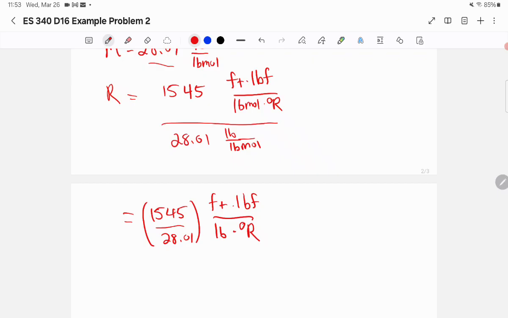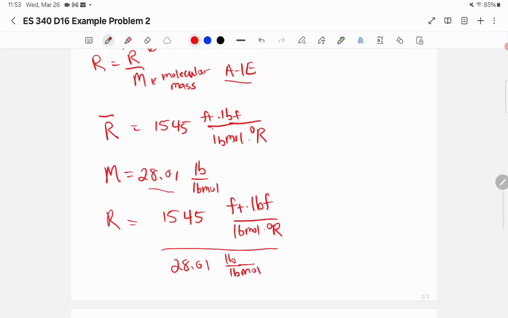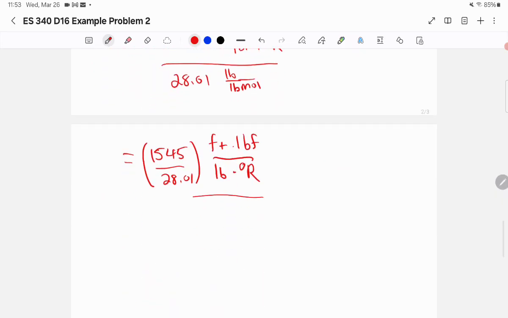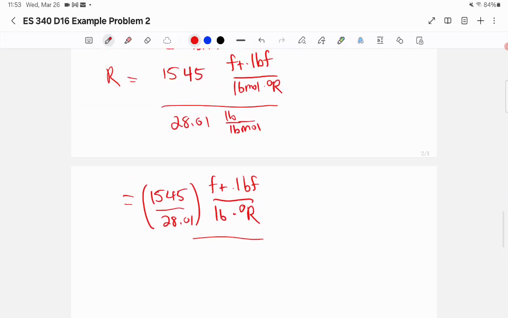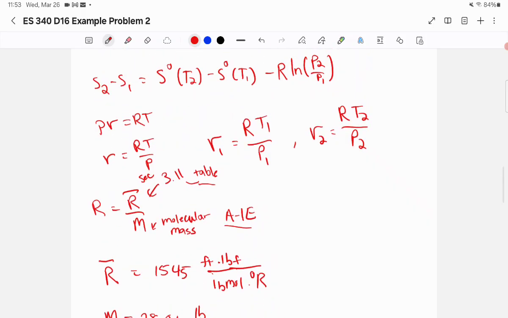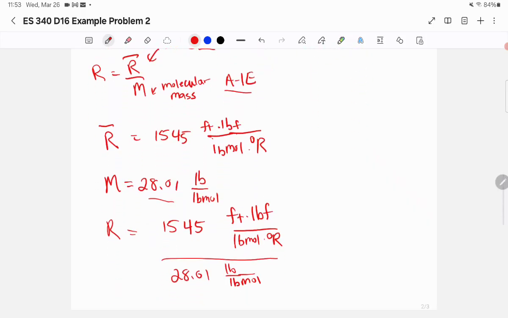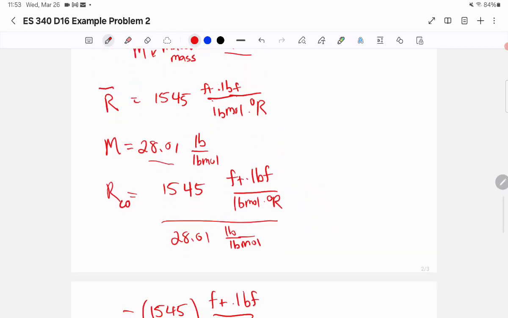So that's going to be my R value, and you can obviously compute that out as you wish. So that's my R value, and that's what I'm going to use here. So this is my, say, R of CO, right, carbon monoxide.